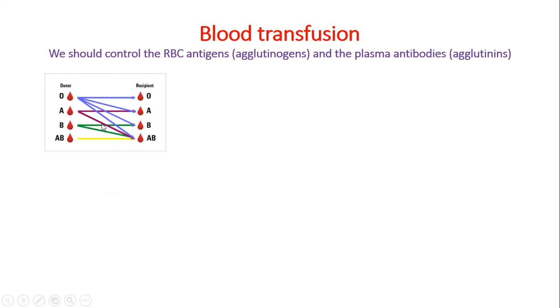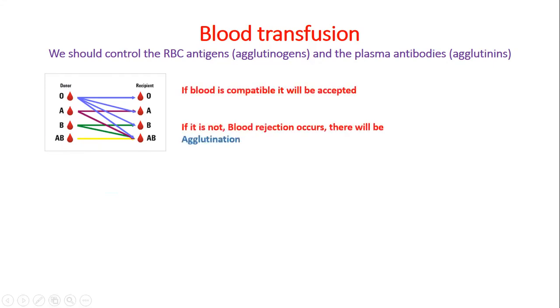B gives only to B and AB. AB gives only to the AB blood type person. If the blood is compatible between donor and recipient, it will be accepted. If it is not, blood rejection occurs.